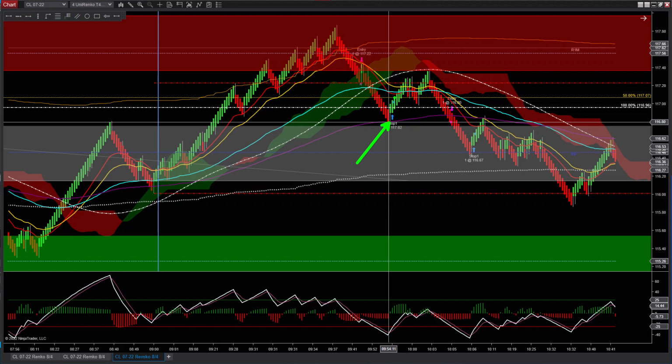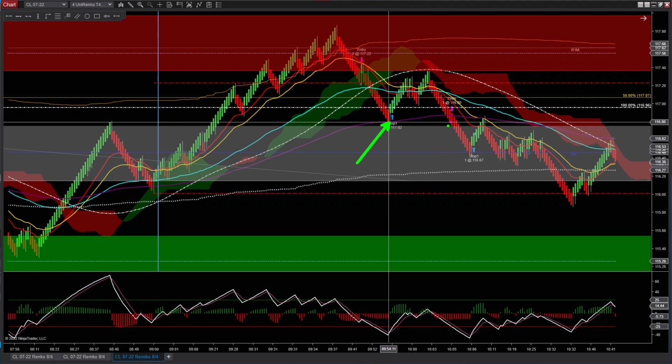Crude came back up and then made another attempt to go higher, but then it failed. Right? It failed right at this spot below the Ichimoku cloud, and then came back down.